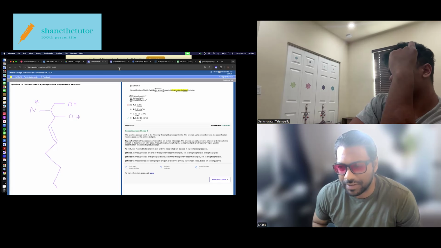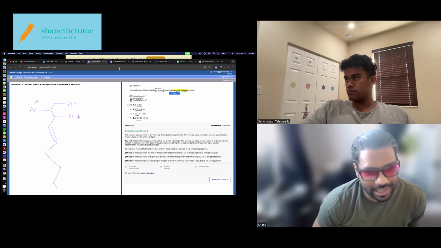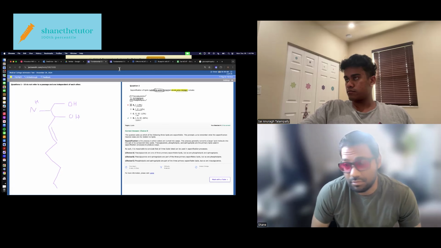But that's not something we see in sphingolipids. Even in the example I gave with a phosphoester, they're talking about fatty acids connected by an ester linkage, and that's not true.